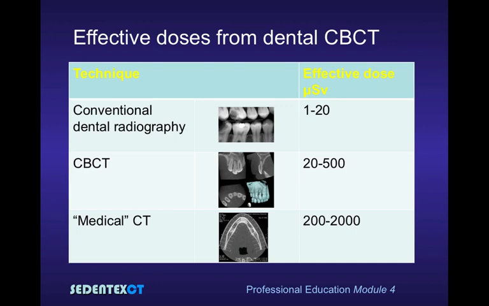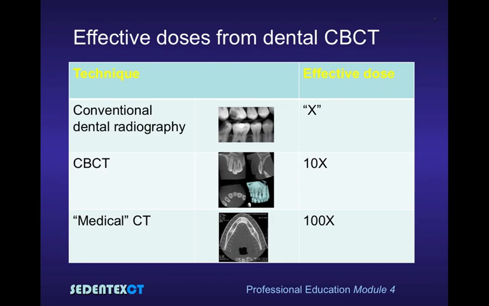So to make it even more simple, I suggest that maybe we should consider the doses given in cone beam CT to represent, in many cases, about 10 times the sort of range of doses achieved in conventional dental radiography, whereas medical CT scanning may in many cases give a dose about 100 times that received in conventional dental radiography.